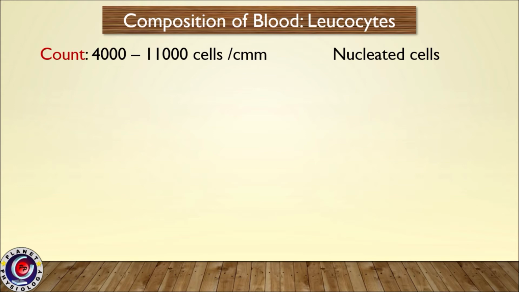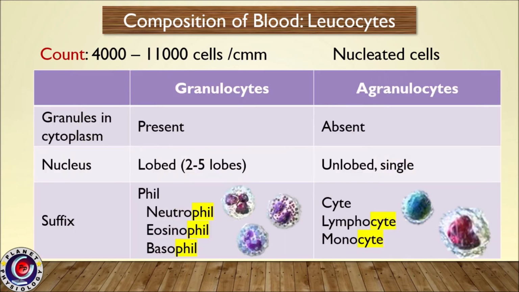To remember different types of leukocyte, here is a table. In case of granulocyte, as name suggests, their cytoplasm will contain granules. So, granulocytes will possess granules, but agranulocyte will not. Nucleus of granulocyte always will be lobed.